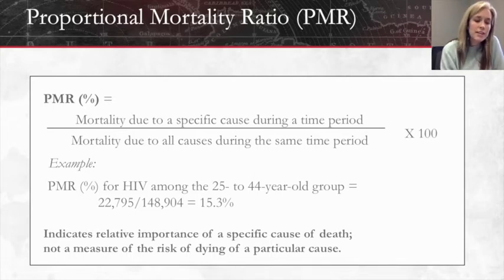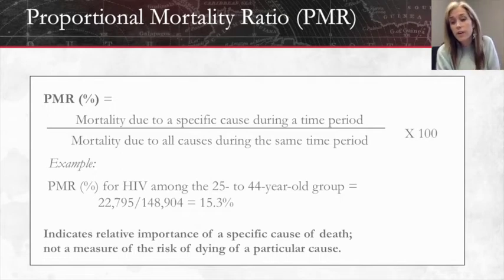What this does is it gives you another measure that starts to highlight the relative importance of a specific cause of death. However, understand this is not a measure of the risk of dying of a particular cause, okay? So here, this is certainly a proportion, and not an estimate of risk.